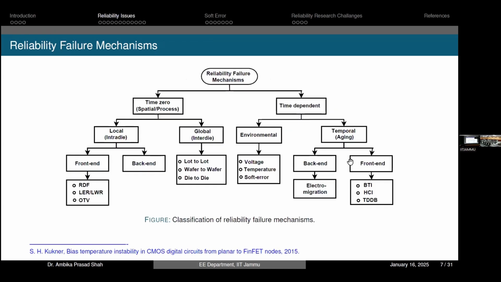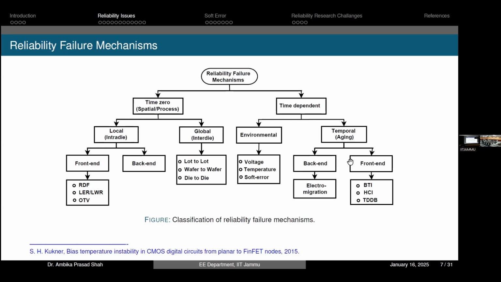Okay, these are some of the reliability failure mechanisms or reliability concerns. They are divided into two things, time zero and time dependent, which I was discussing just before in the first slide. Time zero means independent of time, and time dependent means the reliability concerns happen with respect to time. Generally BTI, SCI, TDDB, electromigration are all time dependent.